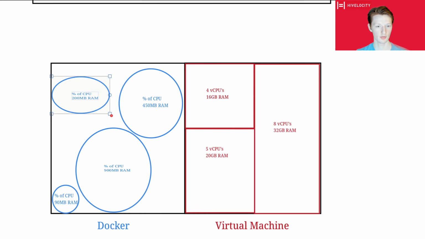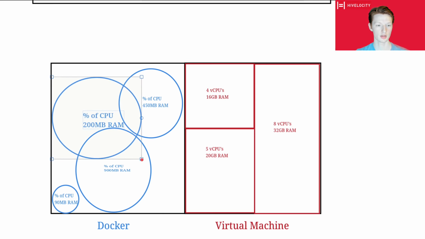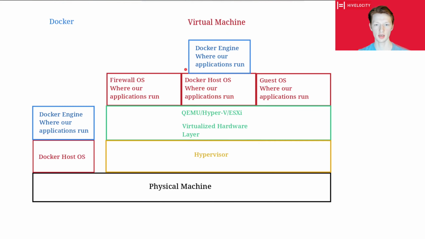We get a bunch of people visiting our website, and our container bloats up and is now using, say, 1 gigabyte of RAM. That can happen in Docker automatically without us having to intervene. And this could be hundreds of different containers that are all sitting here using the vast majority of the resources on our physical machine.